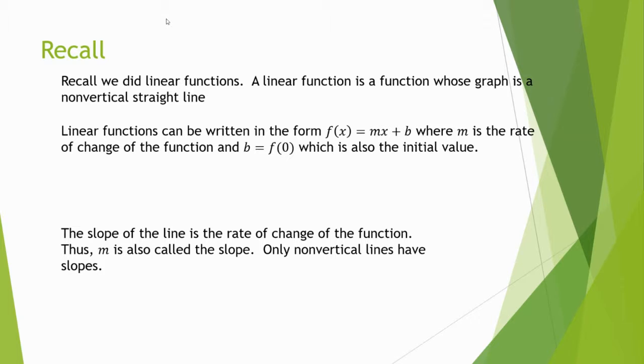So in other words, it's going to look something like this: f of x equals mx plus b, where m is the rate of change, and b is just f of 0. In other words, that's the initial value. It's what you get when x is 0.